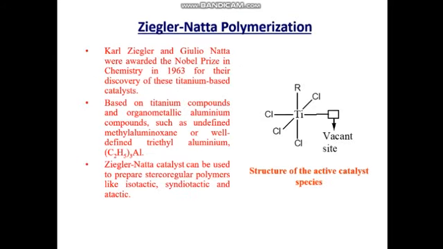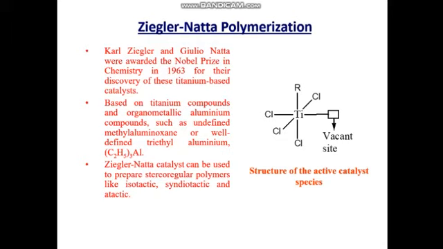So let's move on, and we have the Ziegler-Natta polymerization. Karl Ziegler and Giulio Natta were awarded the Nobel Prize in Chemistry in 1963 for their discovery of the titanium-based catalyst. The catalyst is based on titanium compounds and organometallic aluminum compounds, such as methylaluminoxane or well-defined triethylaluminum.